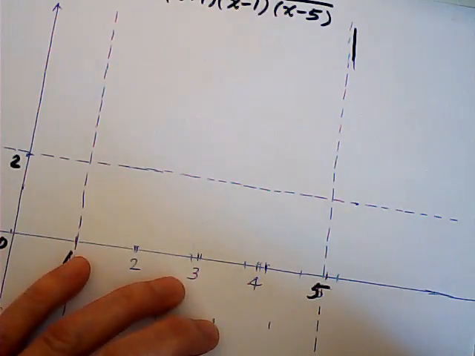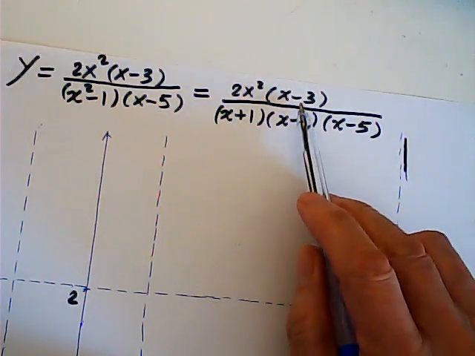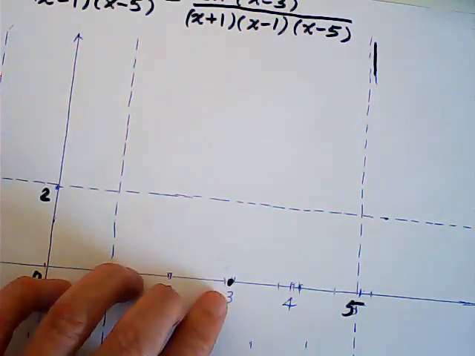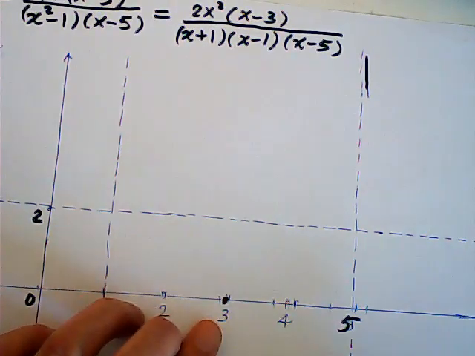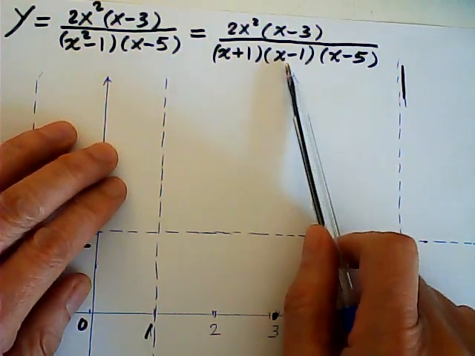So that is somewhere here. Now, when x equals 3, it's 0, right? So the function must pass through this point.